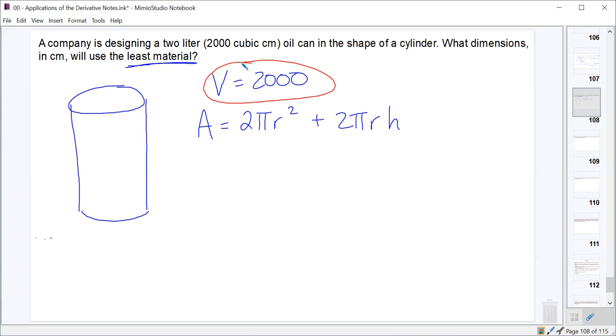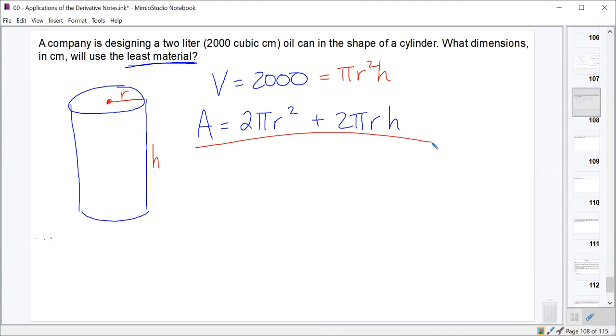And we know that volume for a cylinder should be the area of the base, pi r squared, times the height. So 2,000 needs to equal pi r squared h, where this right here is our radius, and this right here is our height.